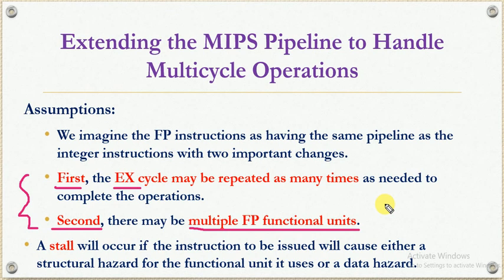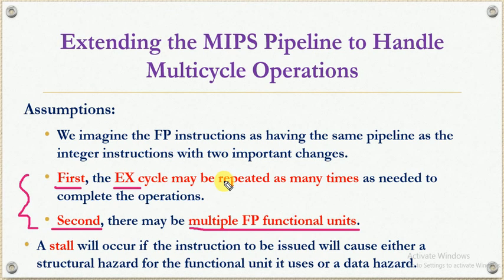If you pipeline the same task that takes more than one cycle, we can improve the performance of the architecture. So there are two assumptions: sometimes the stage is repeated for more than one cycle, and sometimes we need to increase the number of functional units so that we can increase the performance of our processor system.